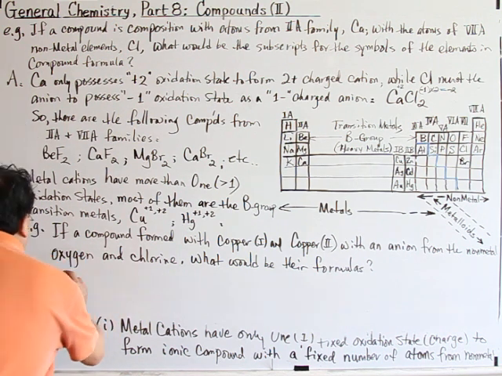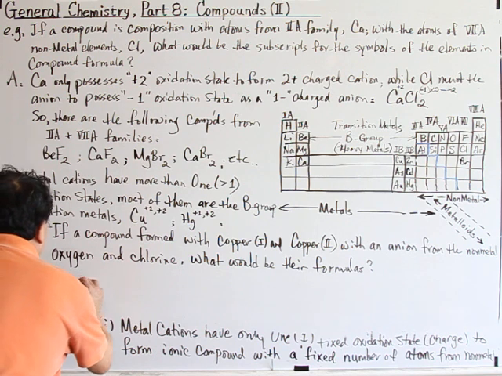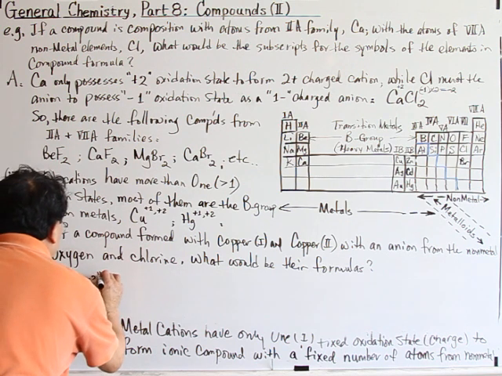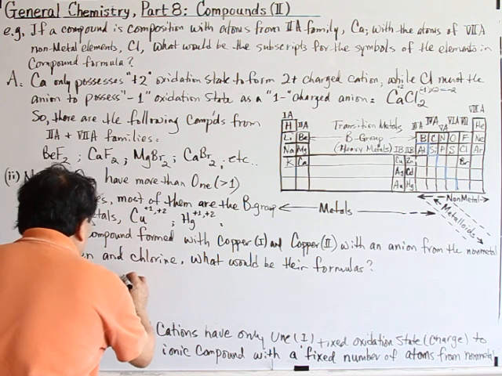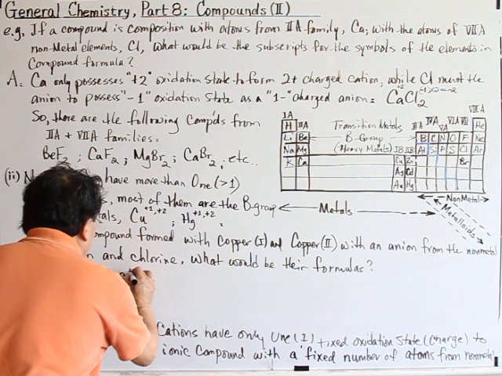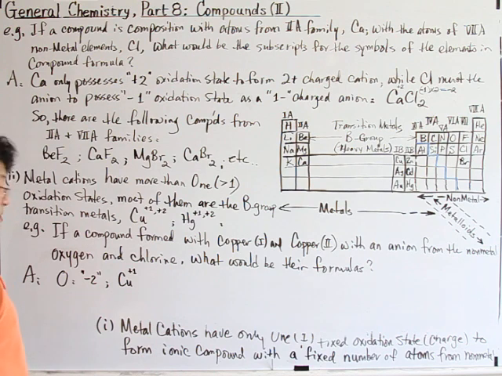So oxygen normally is 2 minus. And here the copper would be 1 plus.